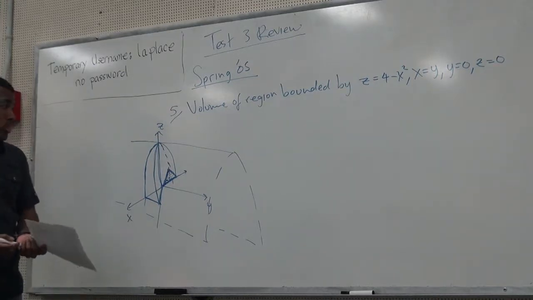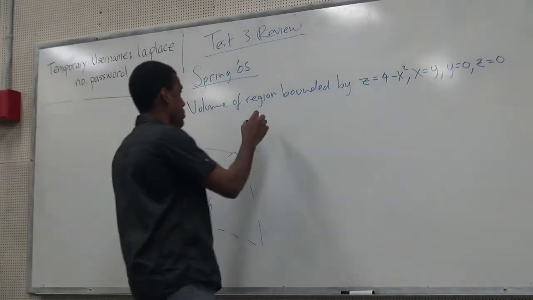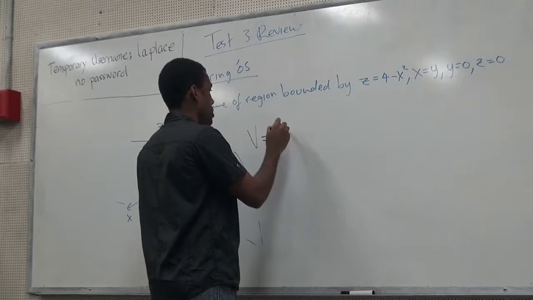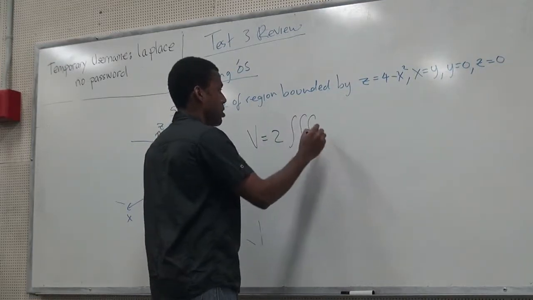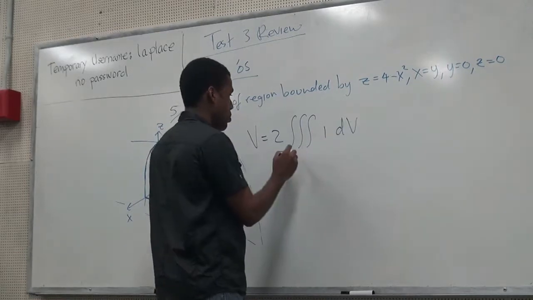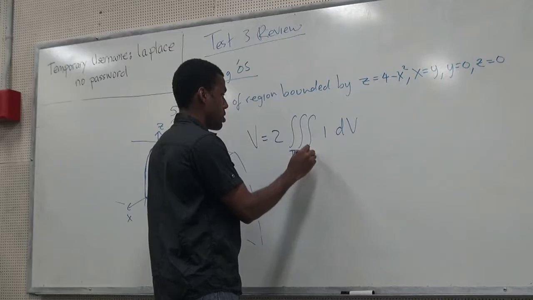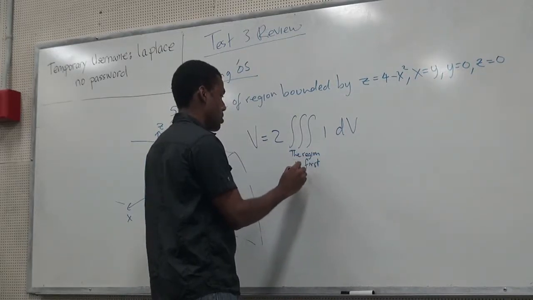So the volume would be 2 times the triple integral of 1 dv, where this is the region in the first octant.